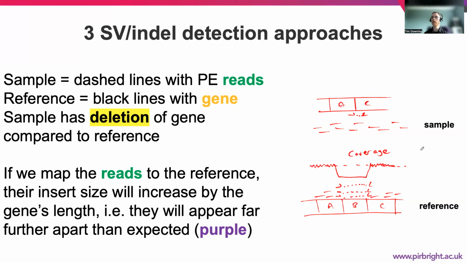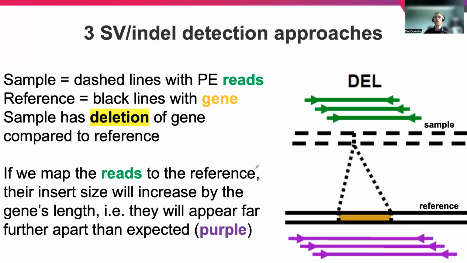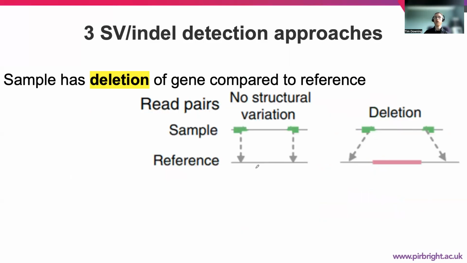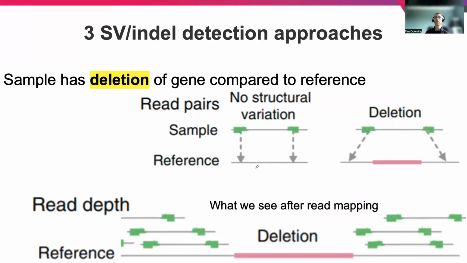So that's from the insert size length, which will be dramatically increased. So it looks like that. Another way of viewing this is that if we have no structural variation, we just have our reads here mapping to the reference there, straightforward.